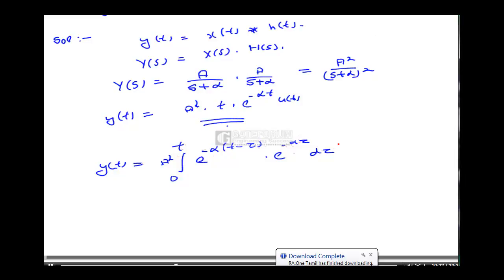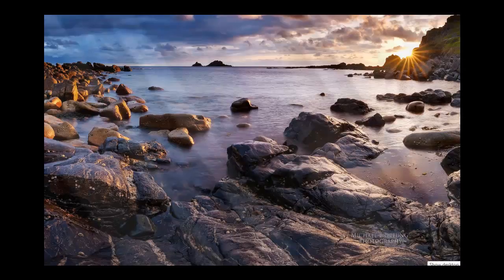If I integrate this, I'll get a square t e to the power minus alpha t. Simple procedure. Either this method or that method, the results are going to be the same. Understood? This problem appeared in GATE 1996 exam. Whatever problems we are doing now appeared in GATE 1996 paper.